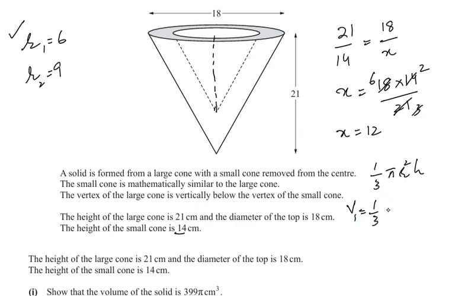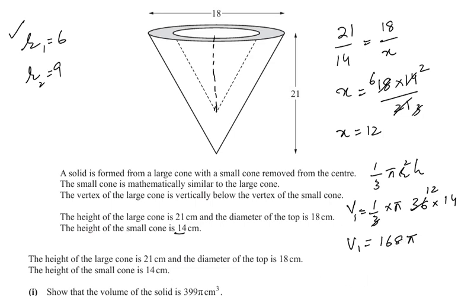So volume of the smaller cone is 1 over 3 multiplied by pi r square. R is 6 here, so it is 36 multiplied by h of the smaller cone, which is 14. So it will be equal to 12, and using the calculator, this is V1, which is equal to 168 pi.